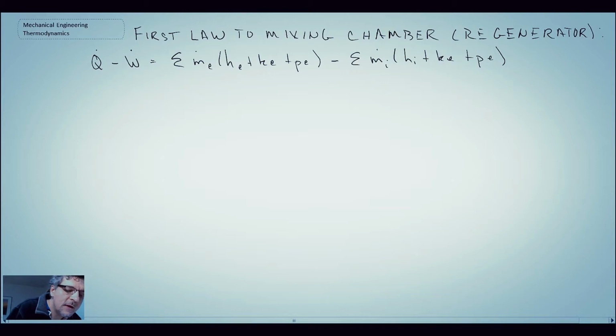So for the mixing chamber, what we can say is that it is adiabatic and that there is no work being done. We neglect kinetic and potential energy. And that's what we end up with.